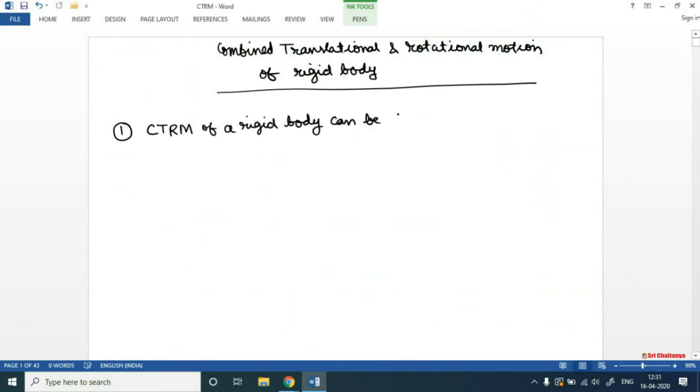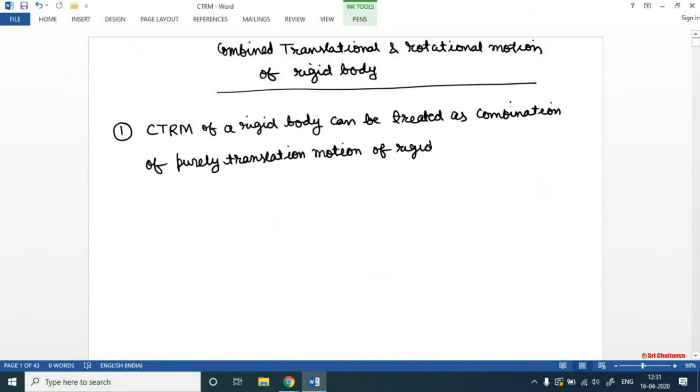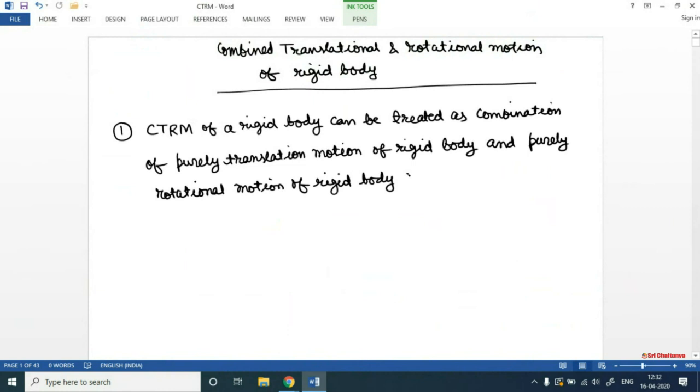can be treated as a combination of purely translational motion of the rigid body and purely rotational motion of the rigid body about an axis passing through its center of mass.